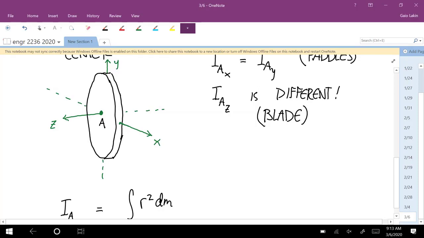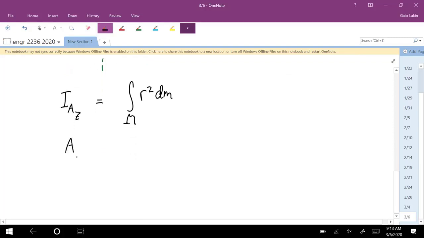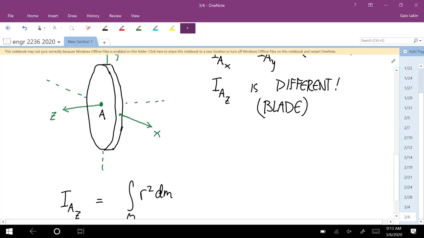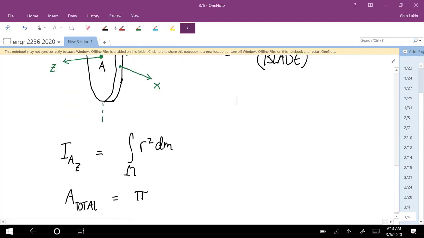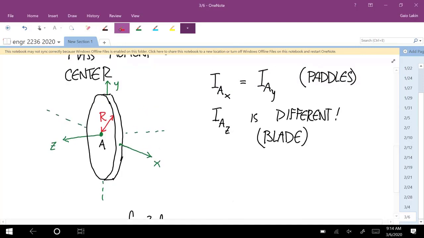Okay, so the total area is just pi r squared, and let's call this a capital R to differentiate between that and the R in this formula. So the radius of this is capital R. And the mass of this thing we're going to say is m.